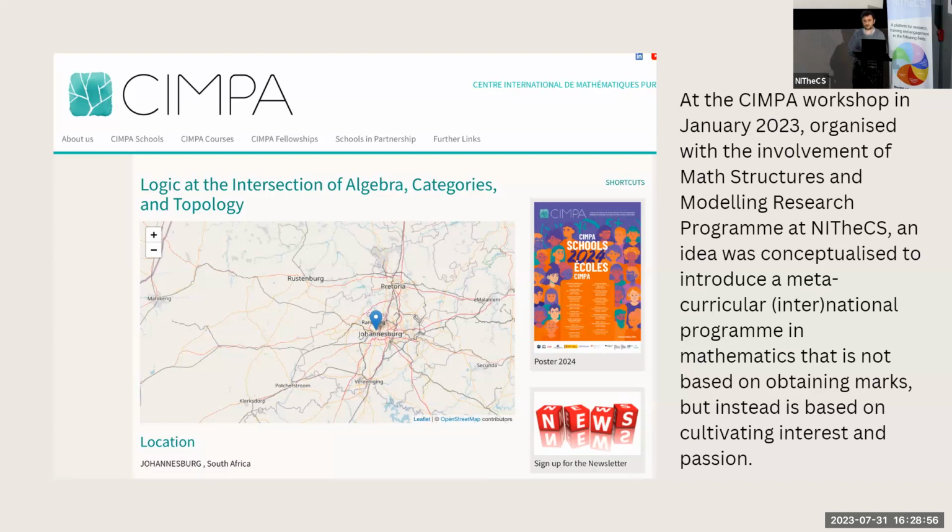So instead of trying to fight that, let's have something alternative which fills in the gaps left by that approach. That was the idea we conceptualized there, but we couldn't come up with a name. We thought of calling it Art of Mathematical Reasoning or various other options, and we really struggled with the name.